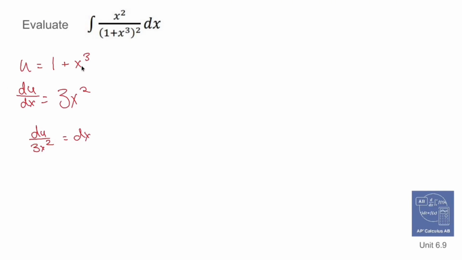Now you take this, you take that, you take the original, you do some flippy-floppy, some substitution stuff. X squared is still lingering, but now we have u squared on the bottom because I replaced 1 plus x cubed with u, so u squared. And I'm going to replace dx with du over 3x squared. So now we're integrating with respect to u. The problem is we have x squareds lingering.